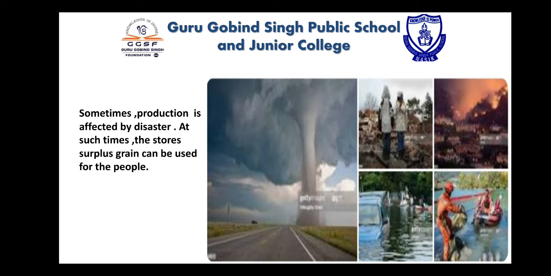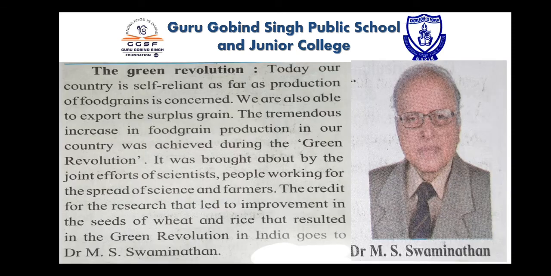Sometimes production is affected by a disaster such as floods, drought, a cyclone or hailstorm. At such times, the stored surplus grain can be used for the people. It can also be used for people displaced due to a disaster like an earthquake.